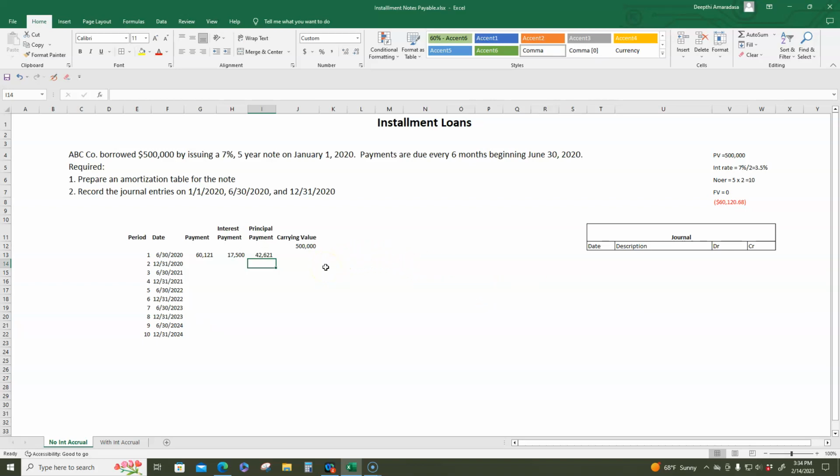Now, at the end of June 30th, 2020, we don't have a loan of $500,000 anymore. We've paid off some of that. The principal payment went towards decreasing the amount of this loan.